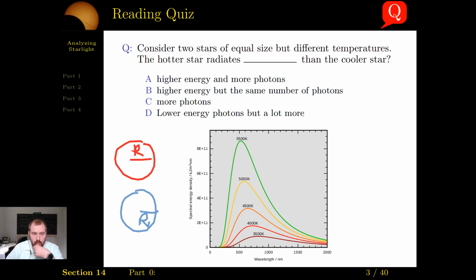Right? So we're going to have 2 stars. They're equal size, but they are different temperatures. And I'm going to say the blue one's the hotter star. I'm going to ask, comparatively, how does the hotter star's radiation compare to the cooler star?